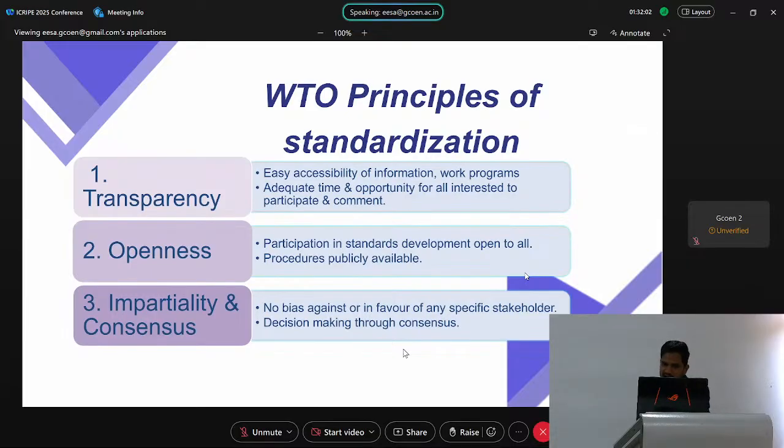Development dimension: we engage all the underrepresented and interested parties, so everyone from India can comment in formulation of the standards. So all the principles of the World Trade Organization are used in formulation of the standard.